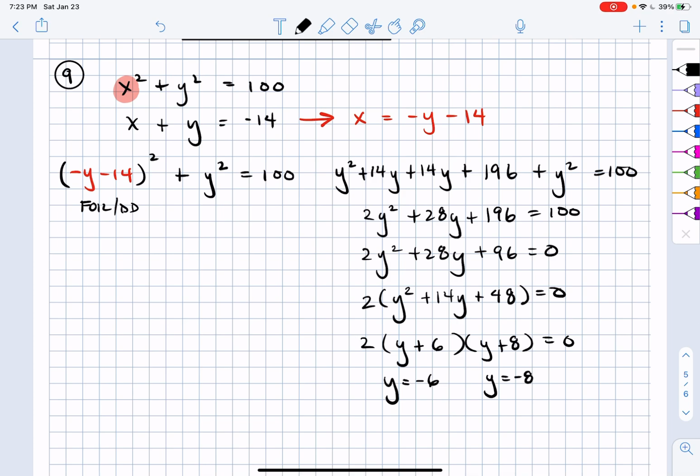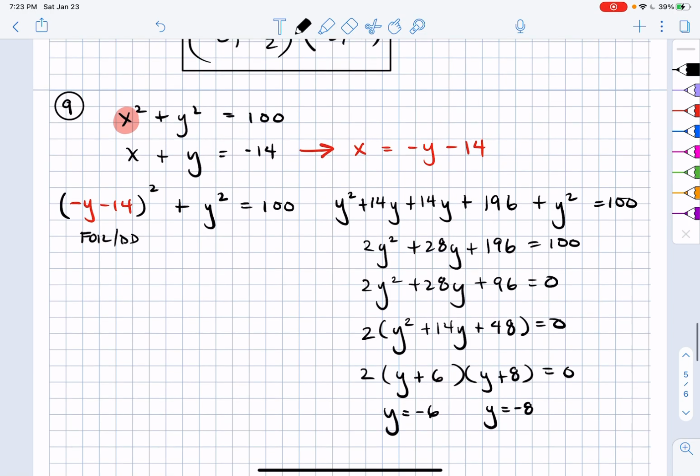Actually, hold on. It just wants me to find the 2 numbers. That means I gotta find my x and my y. Okay? So find the 2 numbers.